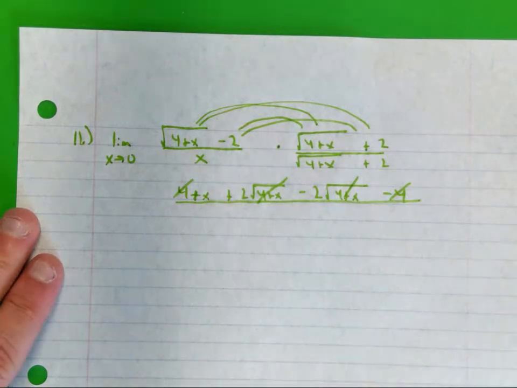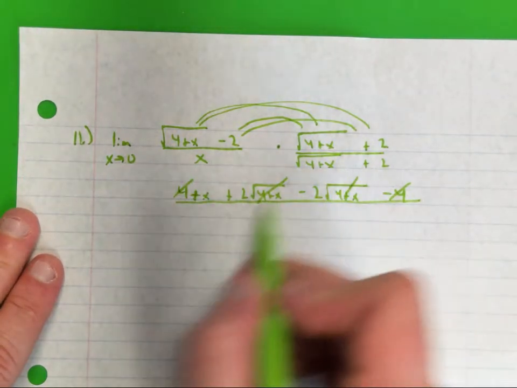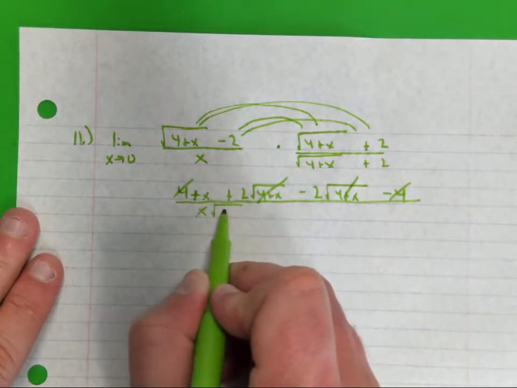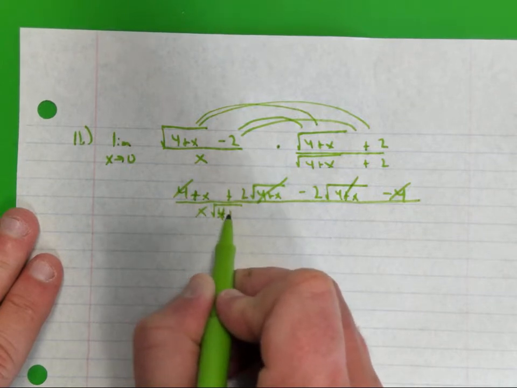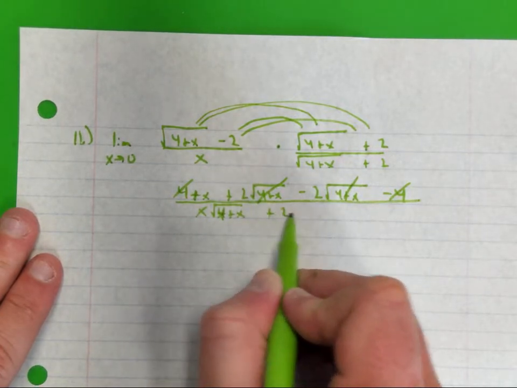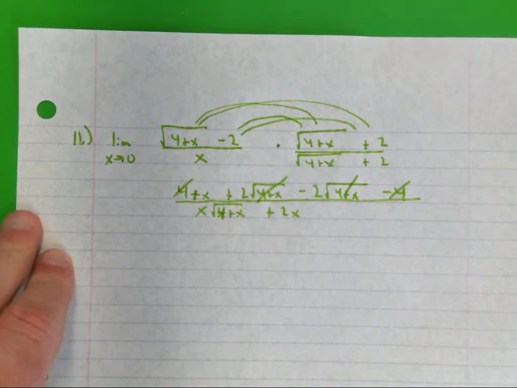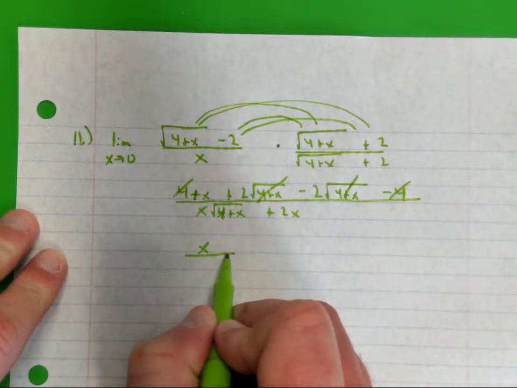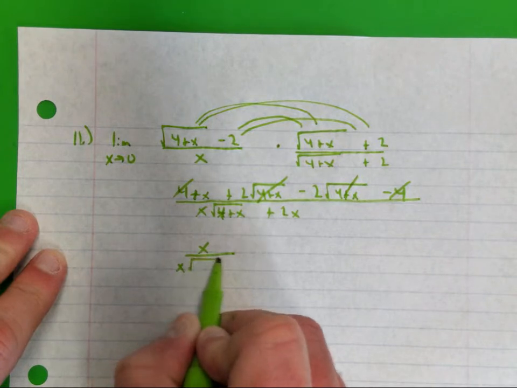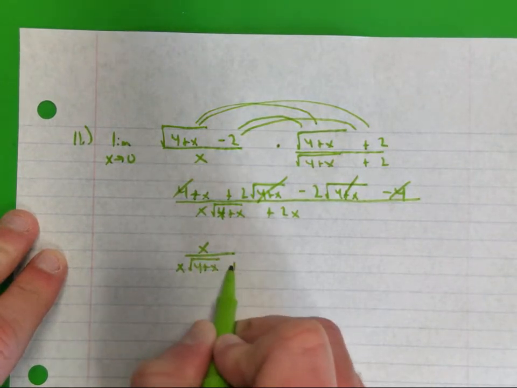So you're left with x on the top. Distribute, that's going to be x. So I'm left with x over x root 4 plus x plus 2x.